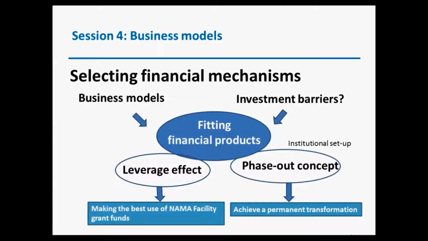And apart from financial mechanisms that need to respond to a certain barrier and problem analysis, we're looking for financing mechanisms that have a high leverage effect. High leverage effect comes to what Søren explained about the public sector and the continuation and the NAMA facility just being a bridge funding or a temporary sweetener.